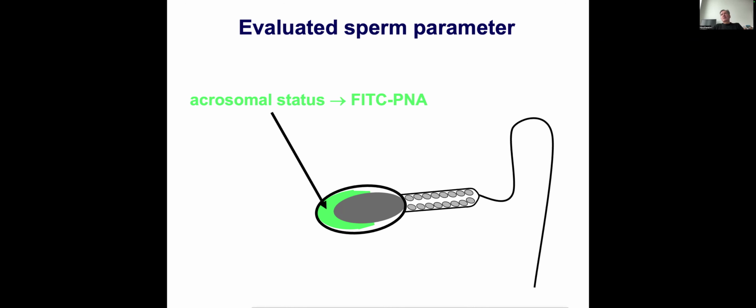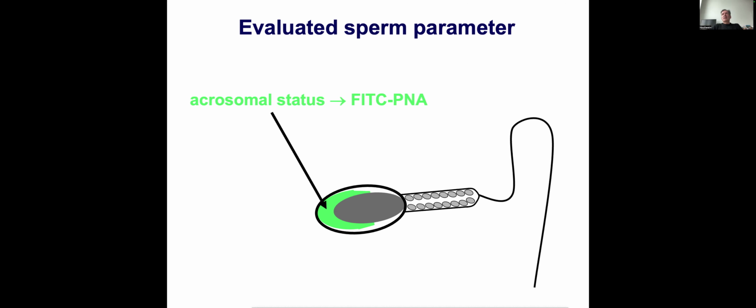And another point which is important for the fertility of sperm is the acrosome. The acrosome is normally binding then to the oocytes during the fertilization.